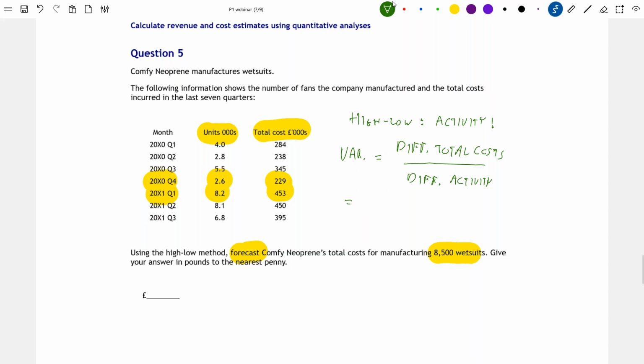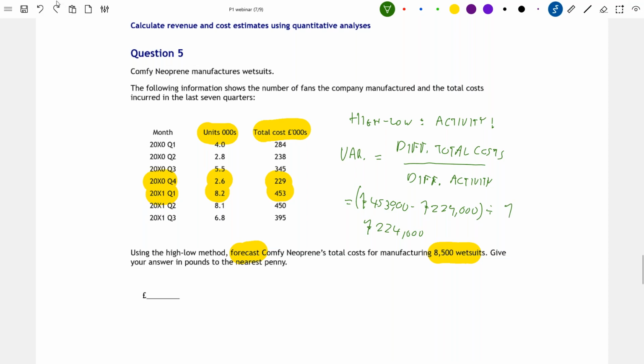So looking to our figures, we take the difference in total costs, which is 453,000 minus 229,000, which is 224,000, and then divide that by the difference in the activity level, 8,200 minus 2,600.